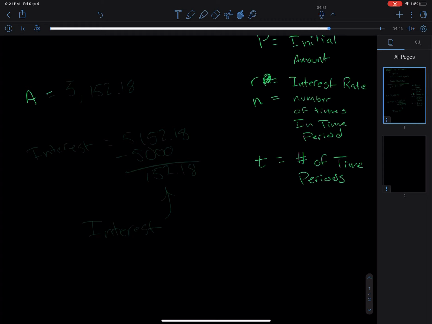So A is $5,152.18. That is the total amount that you have to pay back.